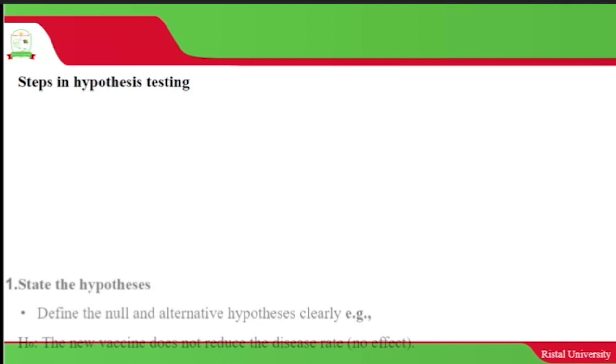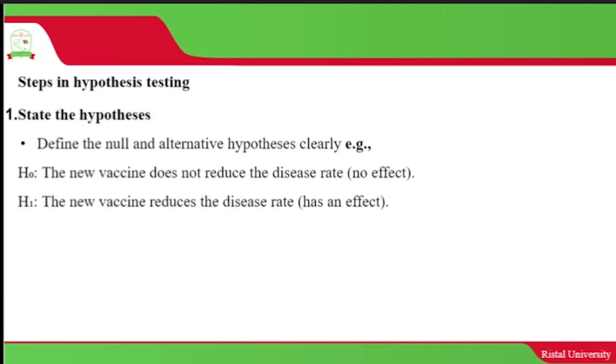So, what are the stages or the steps that you can take when you are doing hypothesis testing? Number one, you have to state the hypothesis. Define the null and the alternative hypothesis clearly. For example, the new vaccine does not reduce the disease rate or the occurrence of disease, and then the new vaccine reduces the occurrence of disease.